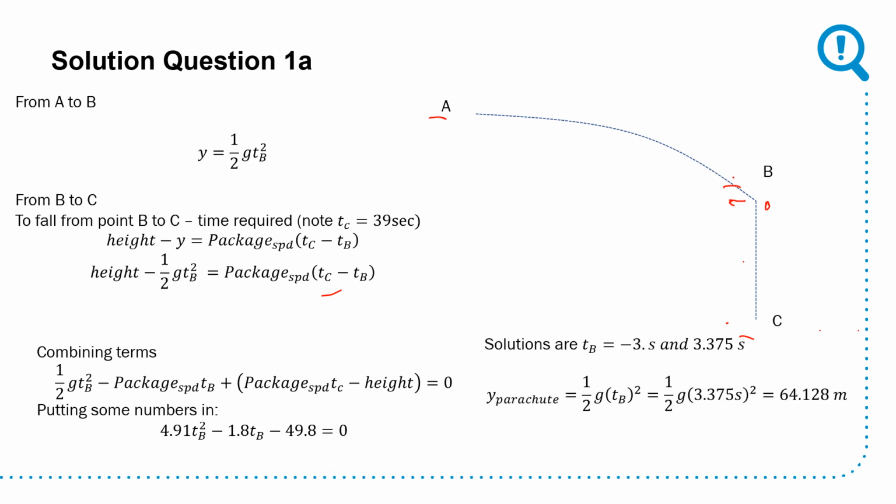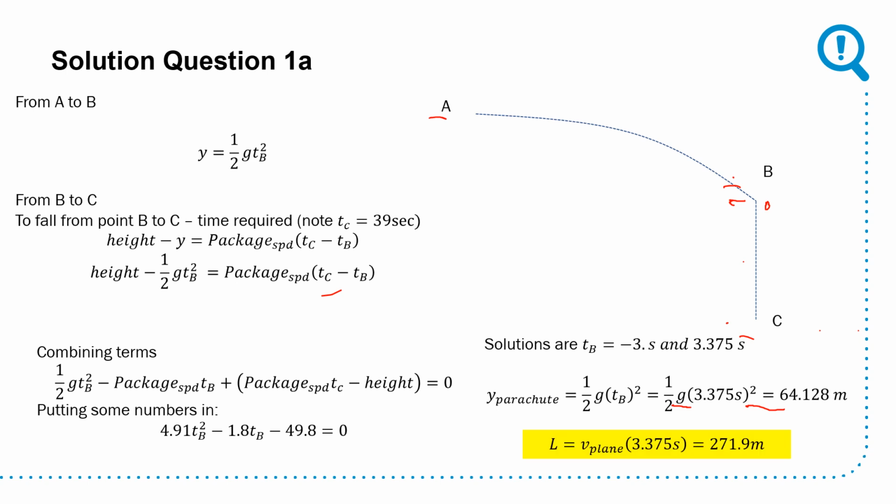You can solve for t_B, which is minus 3 seconds or 3.35 seconds. Of course you can't have a negative time, so you end up with 3.375 seconds. From that you end up with a parachute height of 64.128 meters, which means you have roughly 56 meters of fall from point A to point B.